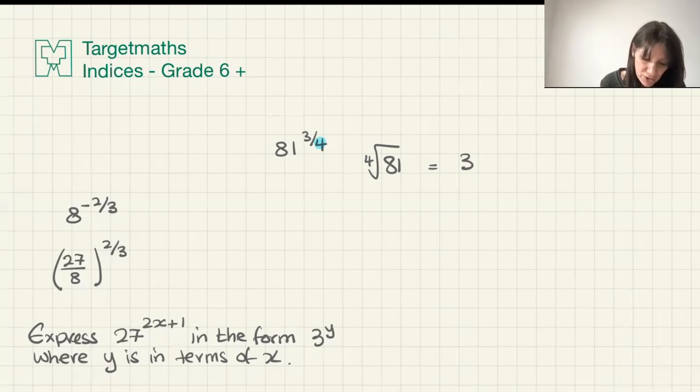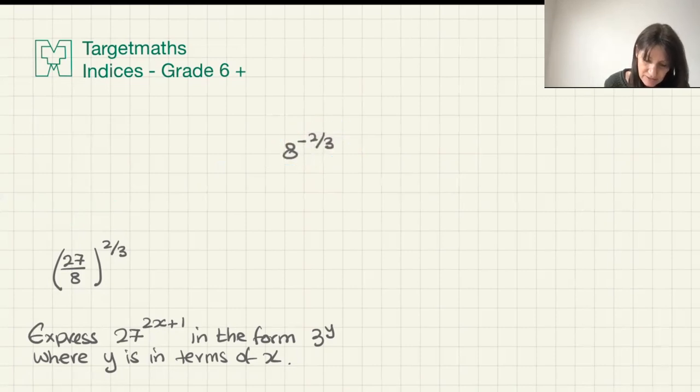I'm then going to take my result and raise it to the power 3, because the numerator is my power, and that gives me a final answer of 27. So root by whatever order you've been given, and then power. Let's look at the next question.